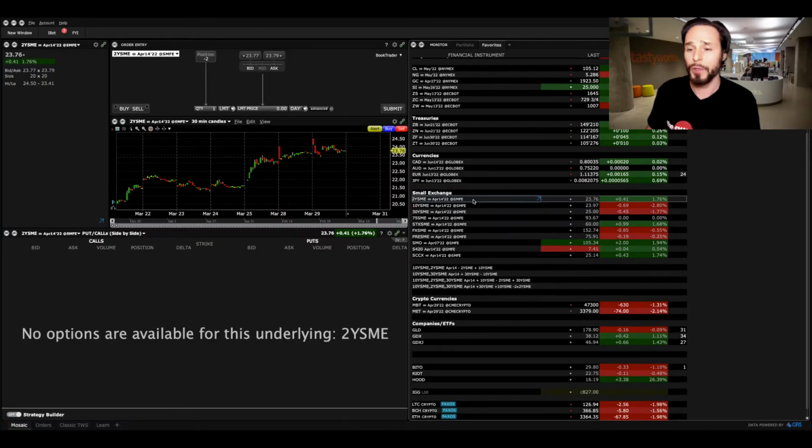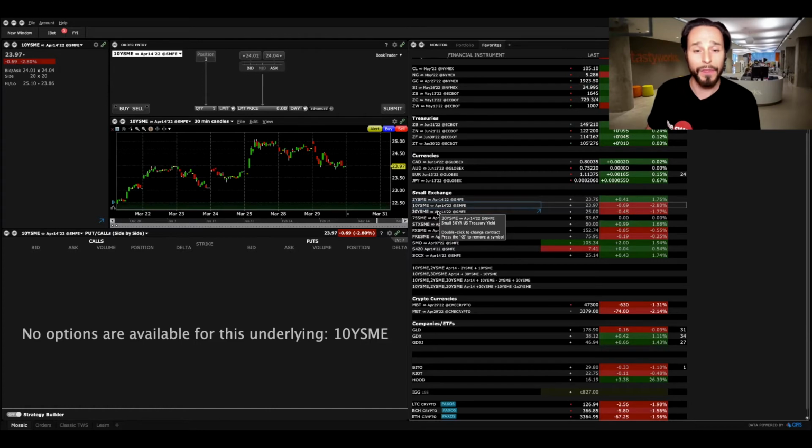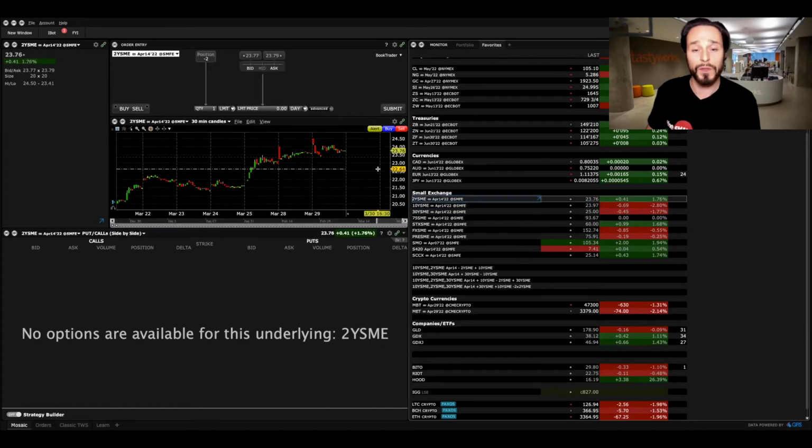So here we have the 2-year yield contract, and you can see a chart here. It's been rising over the last week or so. And then we have the 10-year yield there and the 30-year yield. So the 2-year yield, this contract is trading at 23.76. And recall from one of my previous videos, if I just move the decimal place over one place, that would equal a yield of 2.37%.